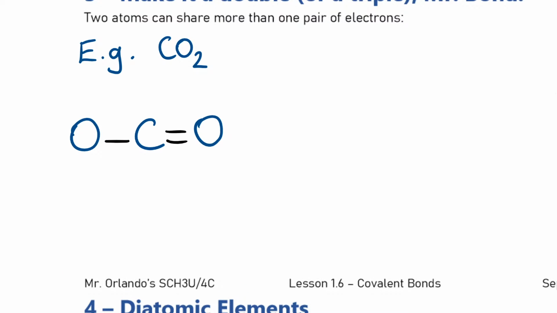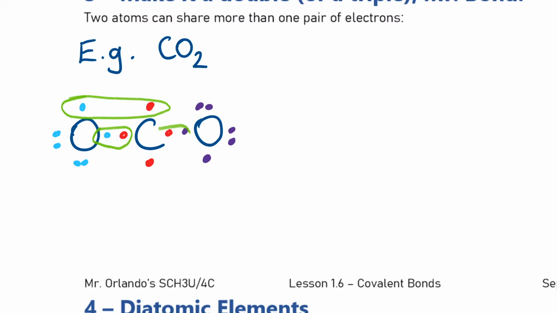To actually look at the electrons, if we want to draw a Lewis diagram, carbon has 1, 2, 3, 4 electrons in its outer shell, where oxygen has 1, 2, 3, 4, 5, 6, and 1, 2, 3, 4, 5, 6. And so we can actually get the formation of a bond here, a bond there, and a bond here, and a bond there.